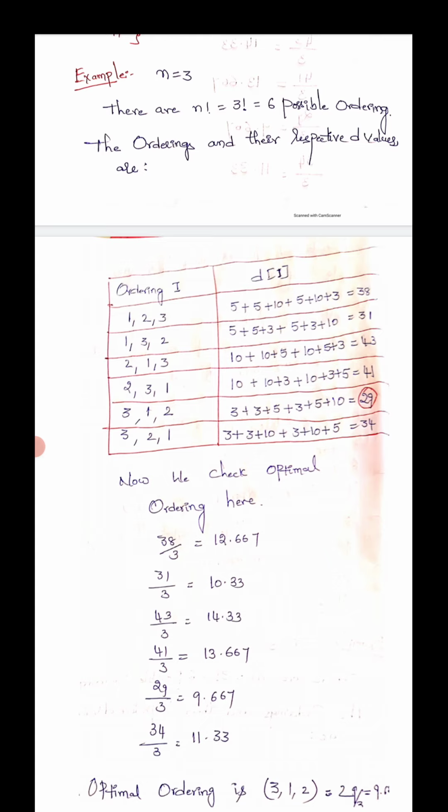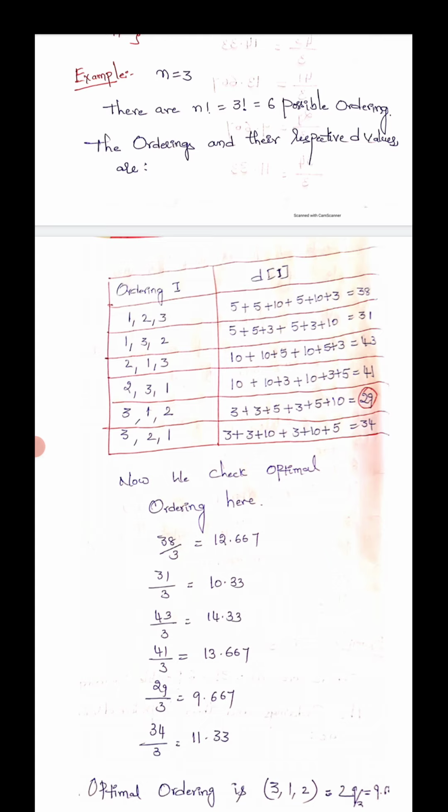Now if we look at the problem here, 1, 2, 3. Length 1 is 5, length 2 is 10, length 3 is 3. That is the question. Understood up to now?